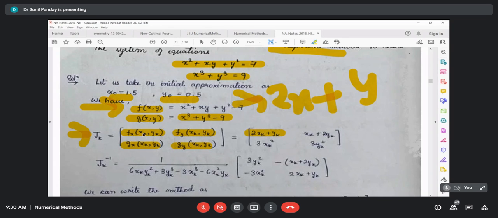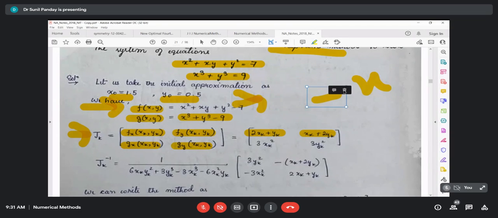I will get this first entry. Similarly, I differentiate partially with respect to y, and I will get 2y plus x. Then I evaluate at the point x k y k, so x k plus 2 y k.